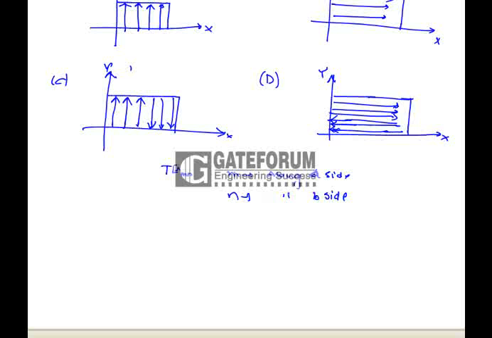This is the broader dimension, this is the narrow dimension. In the case of the TE20 mode, M equals 2 and N equals 0. That means two half-wave variations along the breadth, so option C is correct, because the variation is occurring along the breadth.